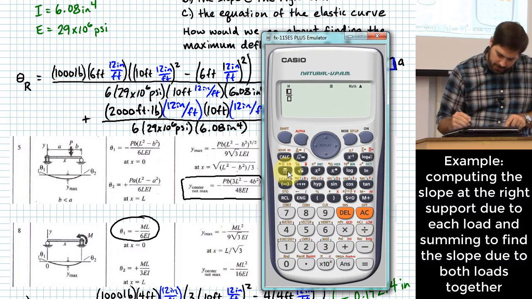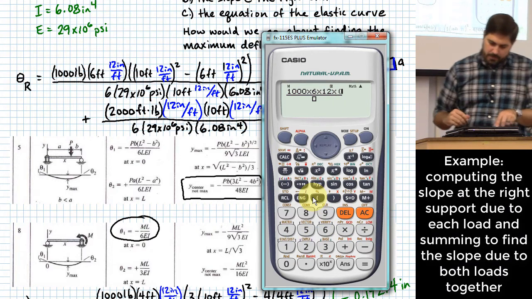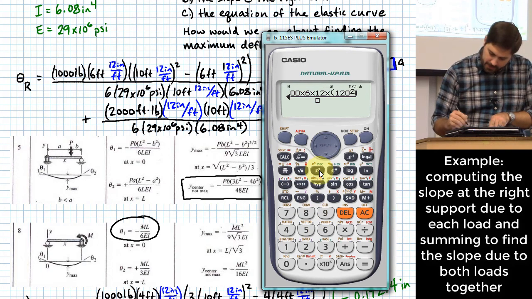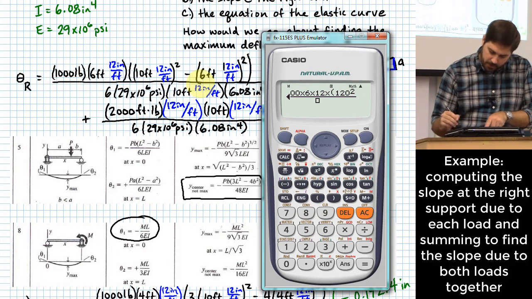All right, 1,000 times 6 times 12 times, I'm just going to go ahead and put these in here. 10 times 12 is 120, squared. 6 times 12 is what? 72, squared.